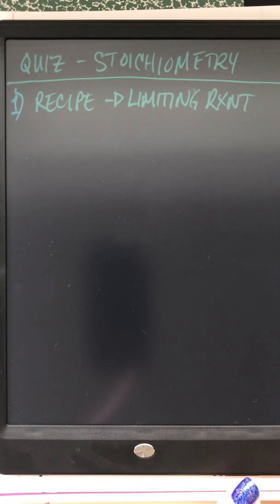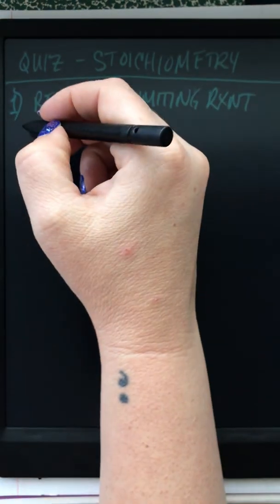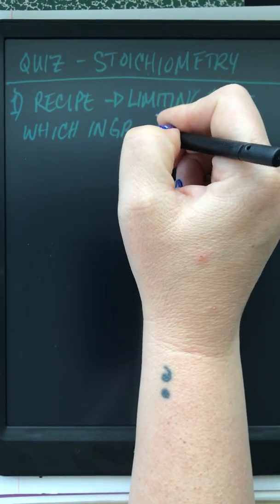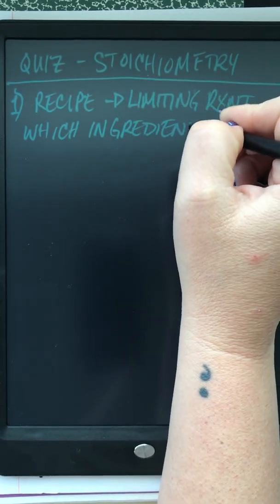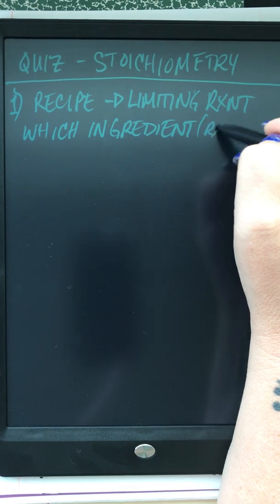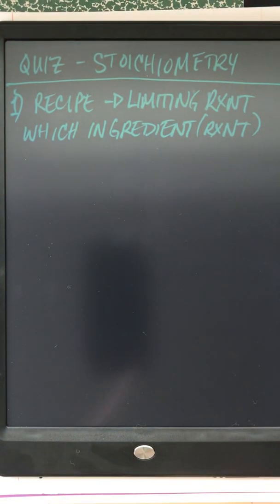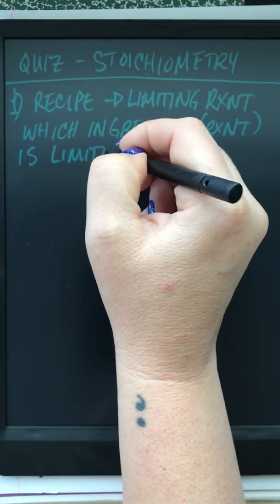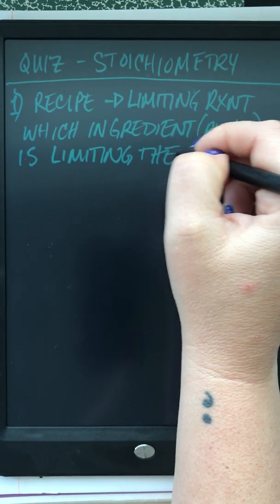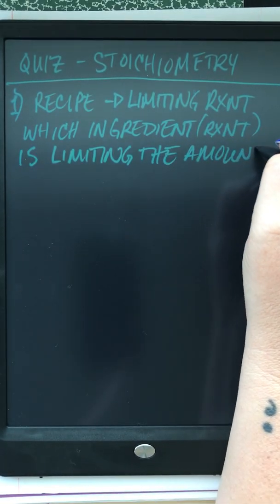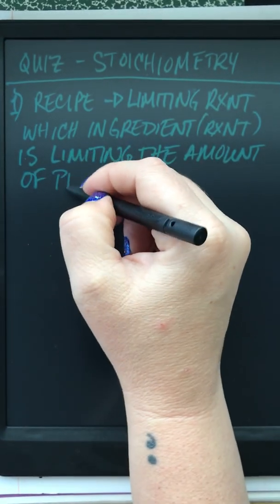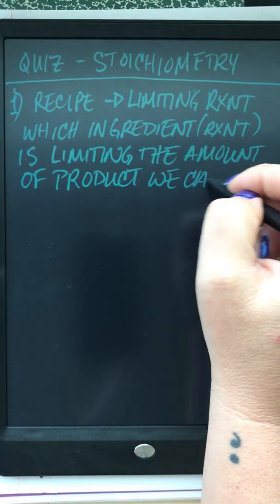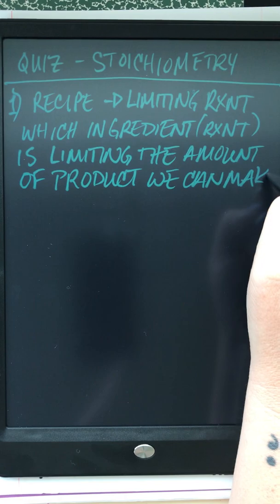So when thinking about solving this problem, what we're trying to figure out is which ingredient, which is our code here for a reactant, is limiting the amount of product we can make. Okay?